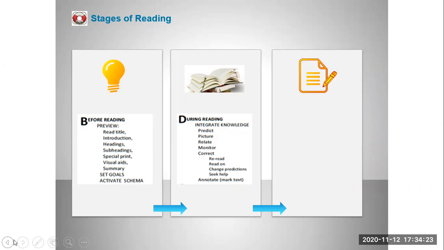Okay, after reading, after you've read everything, you've looked at the introduction, you've looked at the summary, you're like, okay, I understand that. They all connect well. Then that's a good time to continue your note taking.